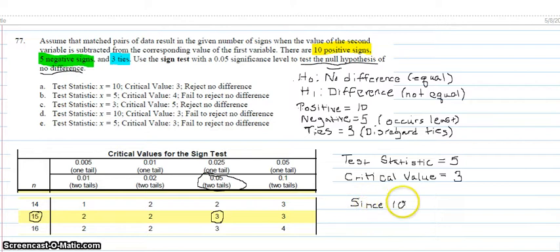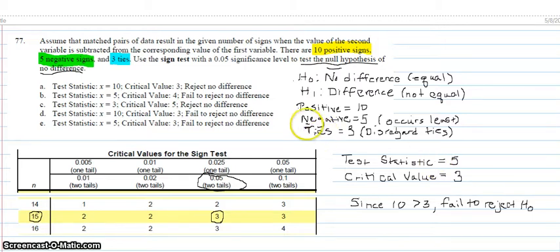Since 10 is greater than 3, fail to reject H0. We're saying there is no difference.